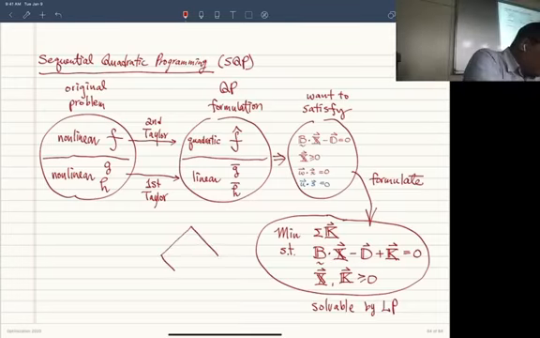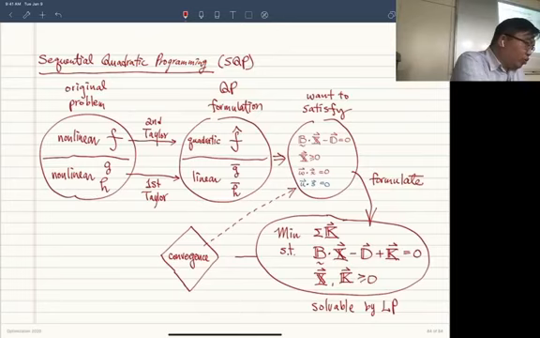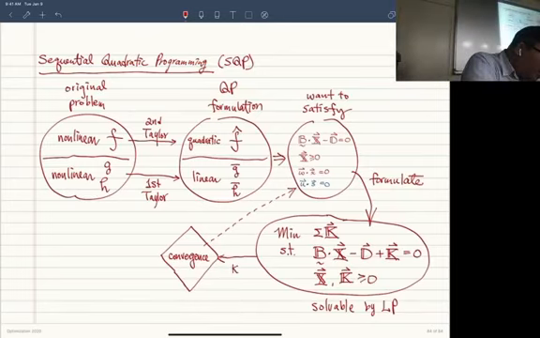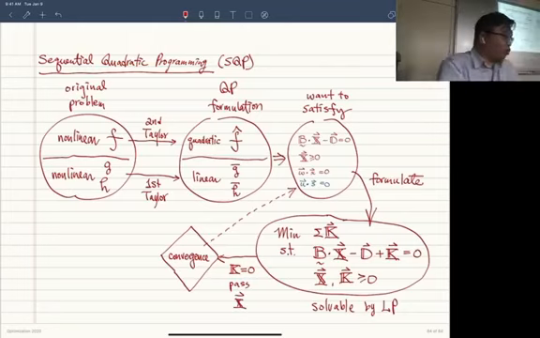Once you finish this LP process, you will check convergence. And what do you check? You basically check all those equations when k equals 0 and you pass all the x to your check, right?